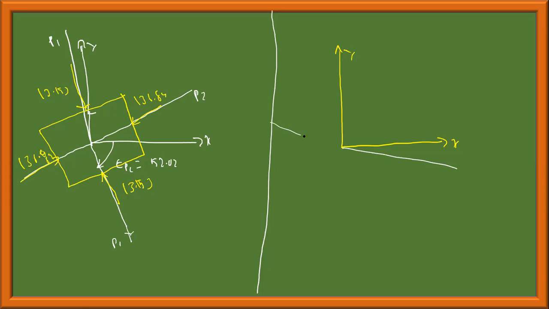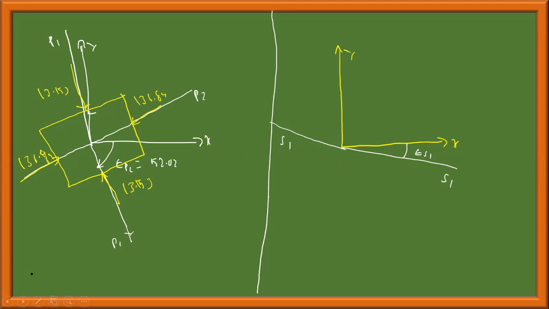I will write this. This is theta s1. This is plane s1. Perpendicular to it will be plane s2. We'll write the plane parallel to this line, perpendicular to it.